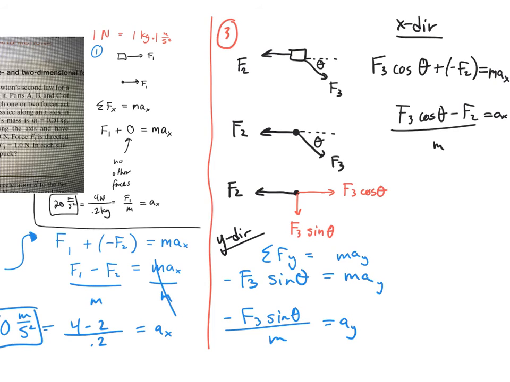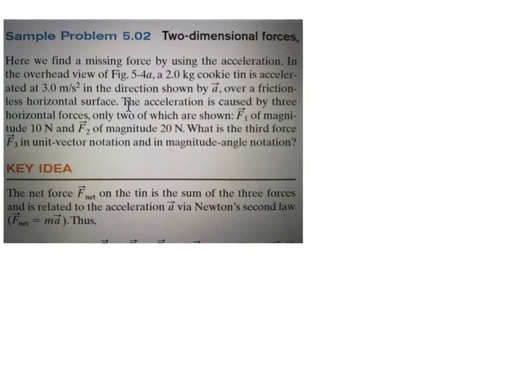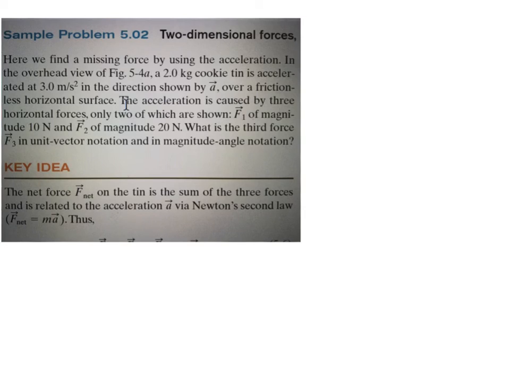This is page 101, and let me just quickly take an image of this again. If you guys have the book in front of you, feel free to also do the same thing I'm doing here. So there's the question, and then I think we have an image. Yeah, it's a cookie tin, I know.